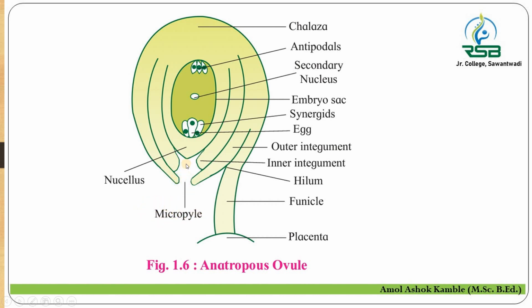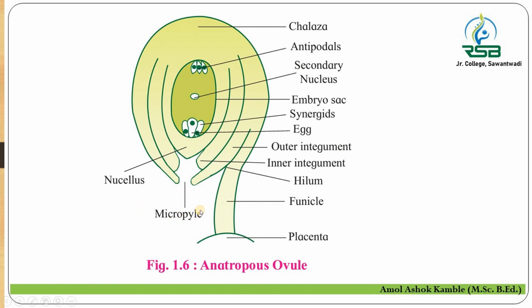Here there is a narrow opening which provides the entry for the pollen tube during fertilization. The outer and inner integuments leave some space at the terminal end of the nucellus. It is called the micropyle, and that end, like the chalaza, is called the micropylar end.